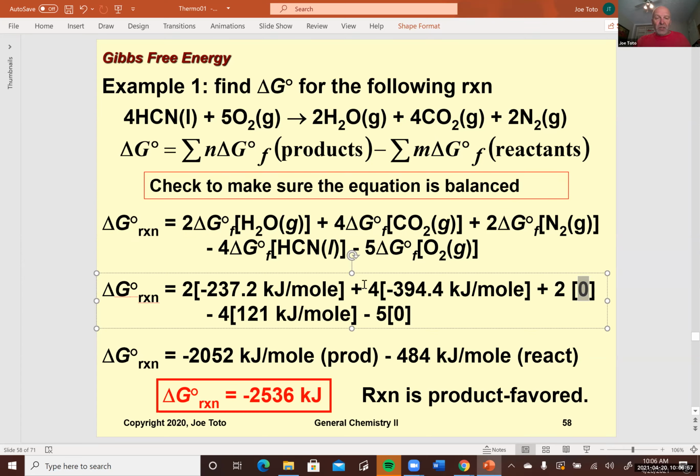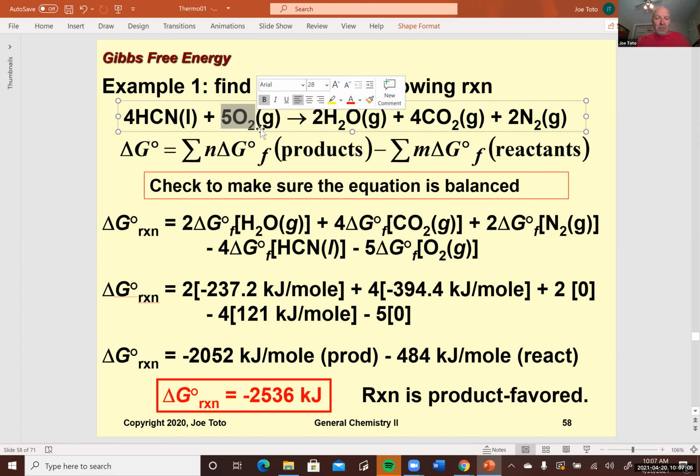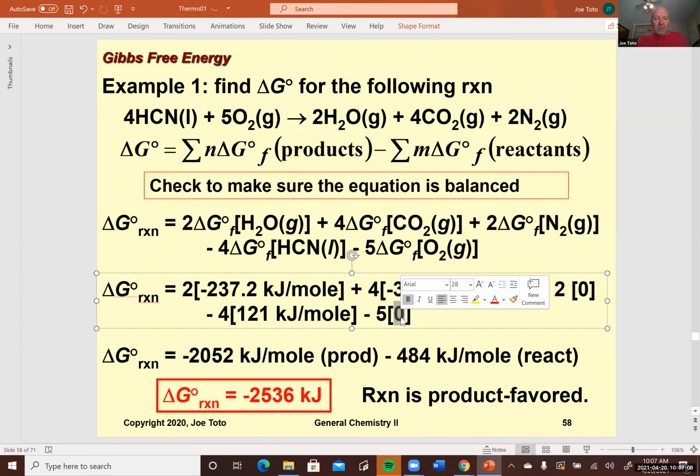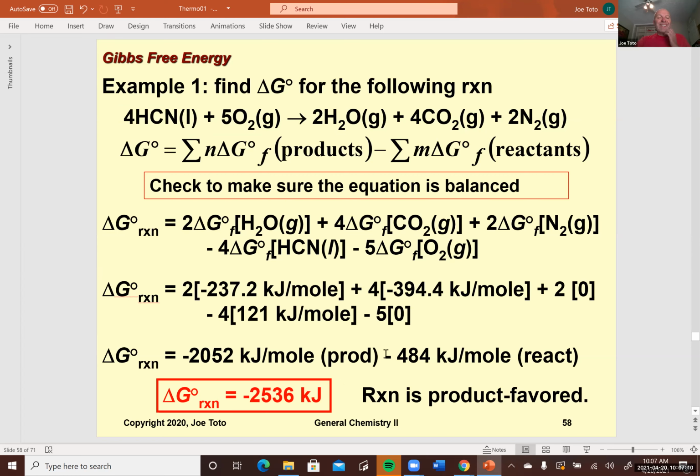So you add all those up, and then you subtract out the reactants to get the difference. Again, this is going to be 0 here. So you can calculate a delta G for a reaction directly using that equation and those tabulated values in your textbook or online.